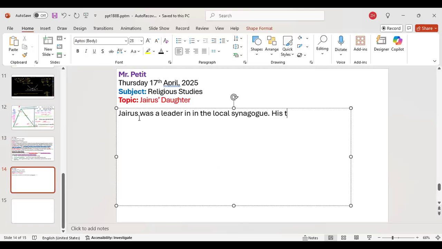His 12-year-old daughter was very sick. And so what Jairus decided to do was Jairus went in search of what? In search of Jesus to heal her.